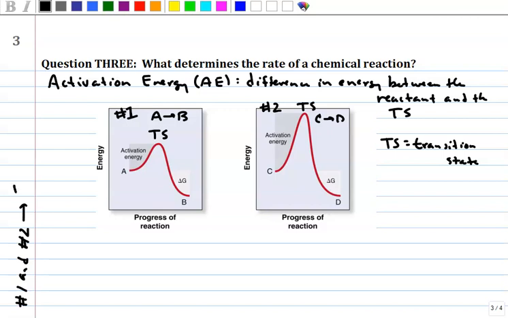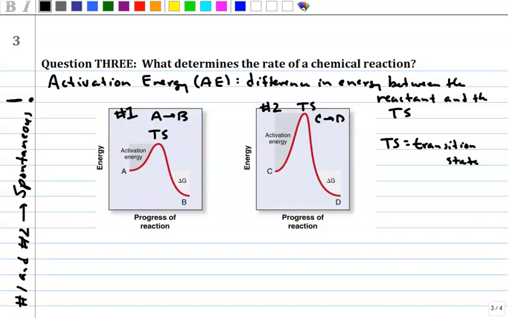So both of these are spontaneous. But that does not tell us anything about the rate of reaction. The rate of reaction has to be determined by looking at the activation energy.